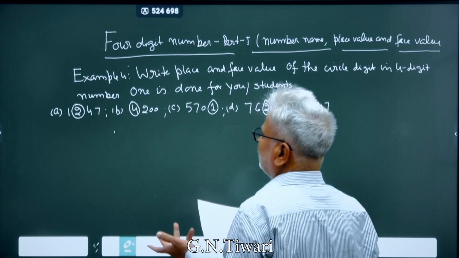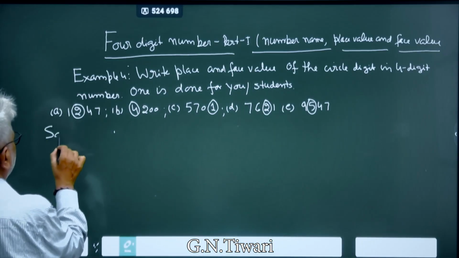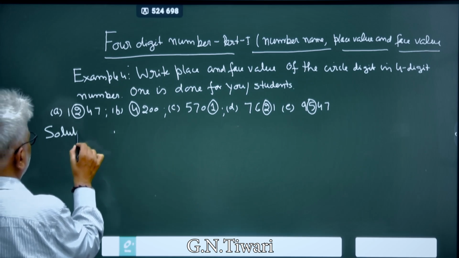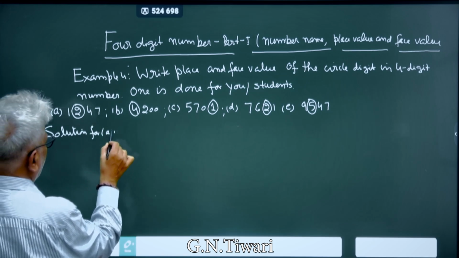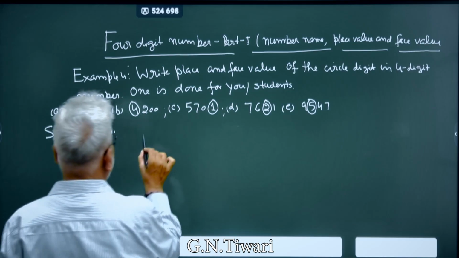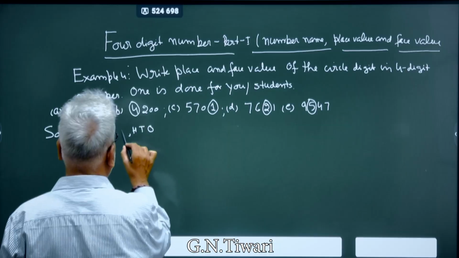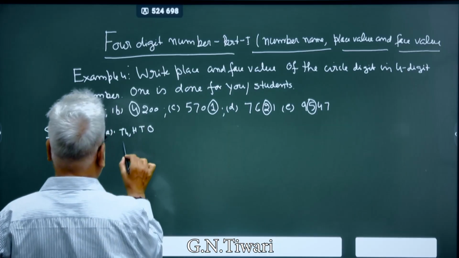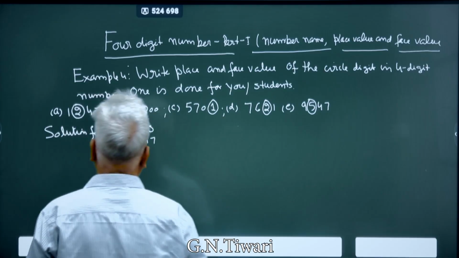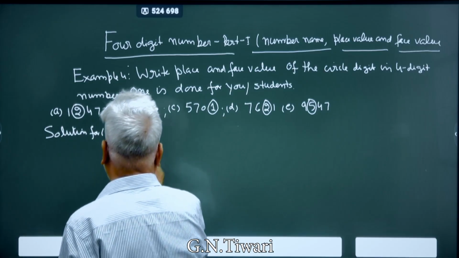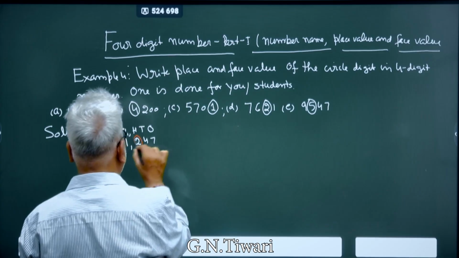I am taking for A, solution for A. Again I am advising O T H T H. Write the number 1 2 4 7. अब यहाँ पर ध्यान रखिएगा, be careful. 2 is below 100.